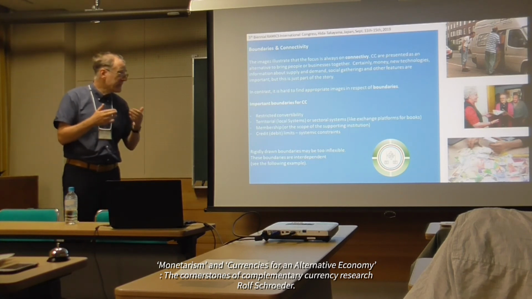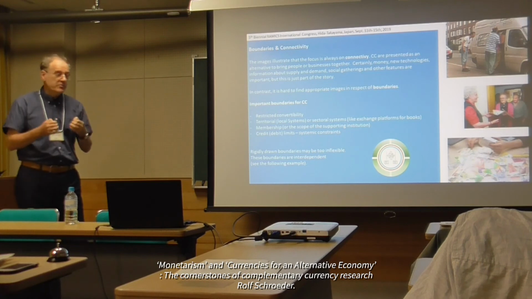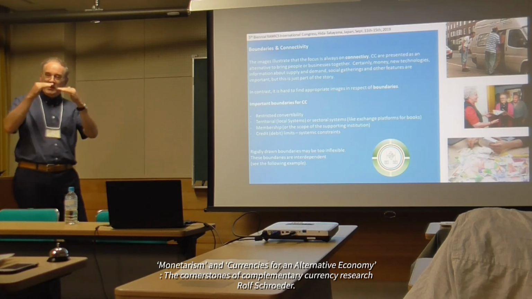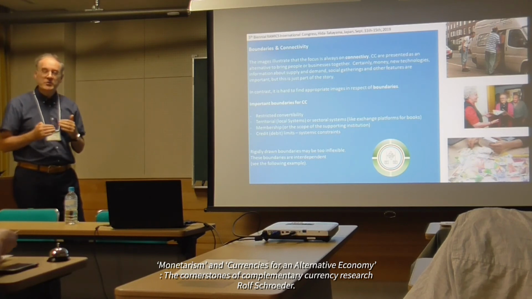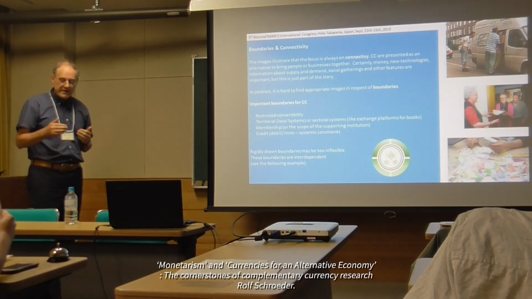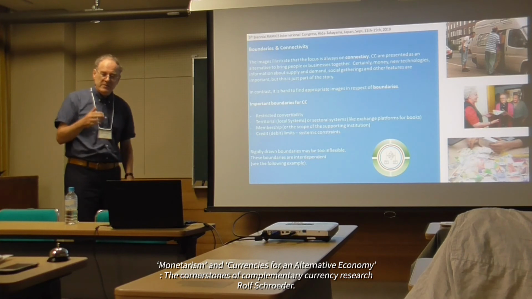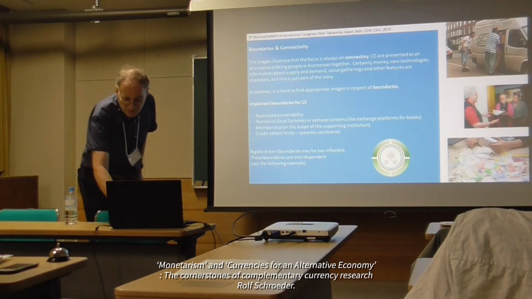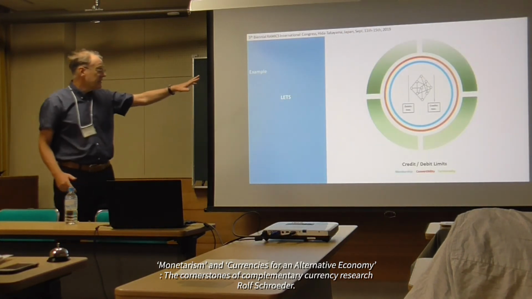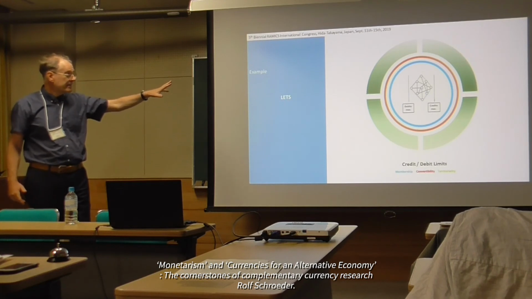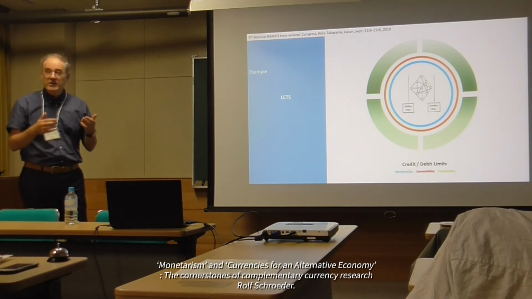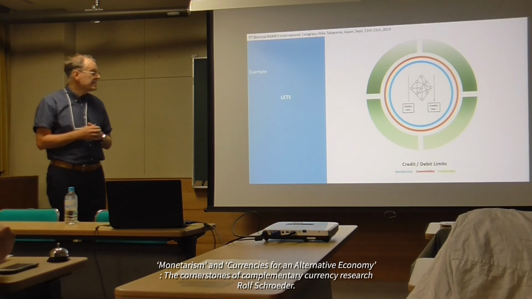What we can learn also from this boundary theory is that it is better to have flexibly drawn boundaries, understand them and apply them in a more flexible manner and not too rigidly. The system is a way to explain various types of complementary currencies.